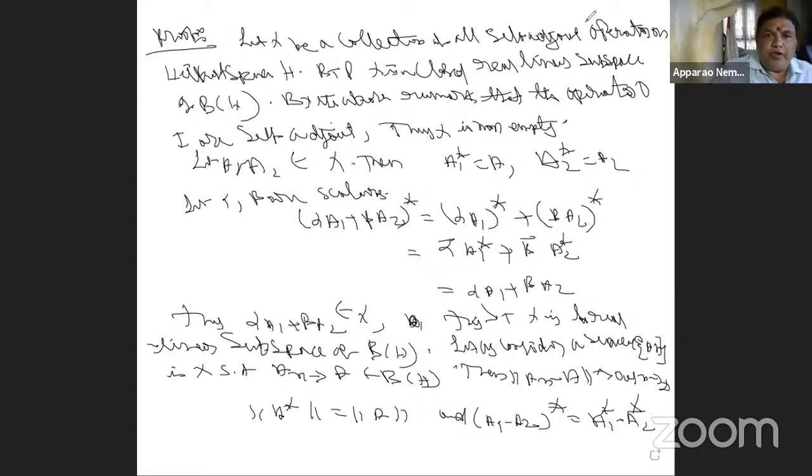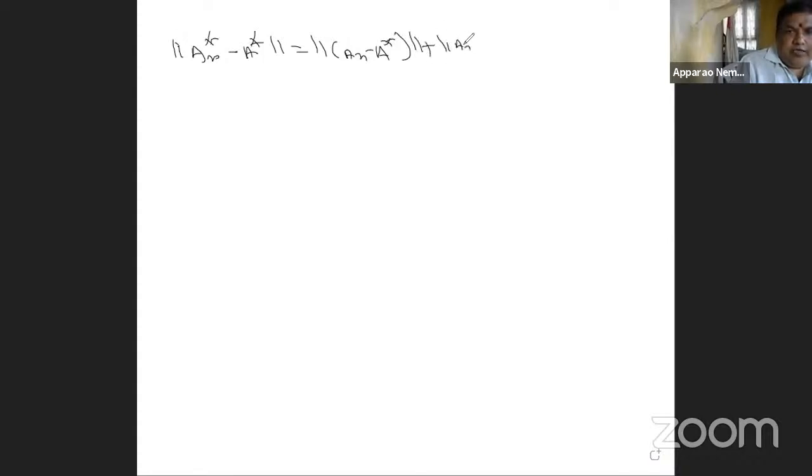So the norm of A_n star minus A star equals the norm of (A_n minus A) star, which is the norm of A_n minus A, and tends to 0 as n tends to infinity.